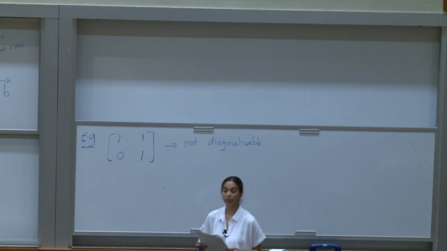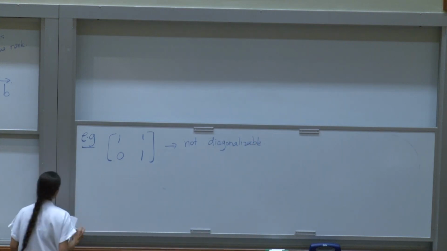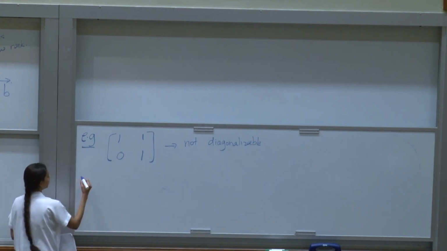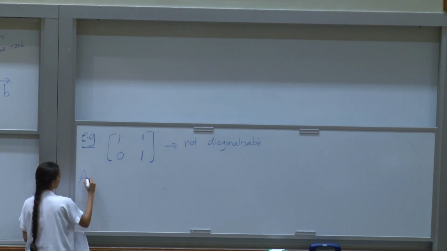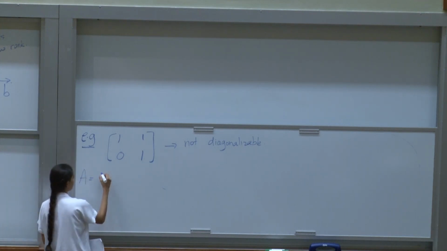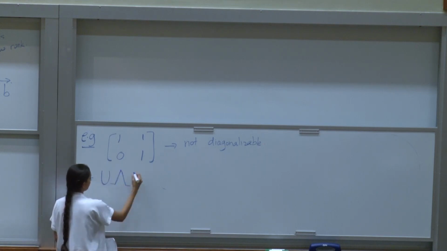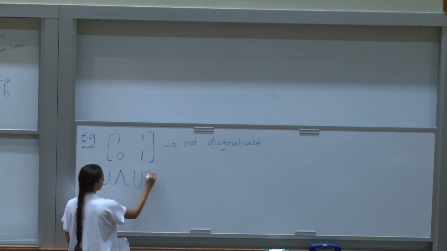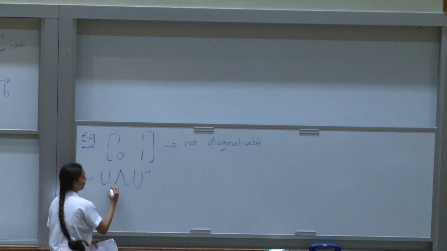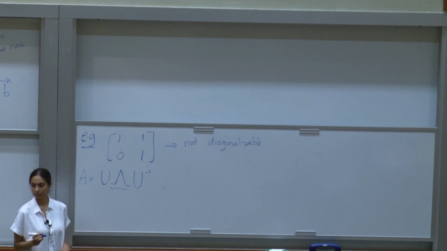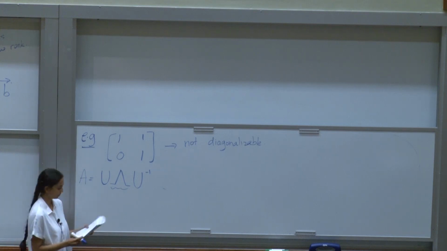And just a reminder, what do I mean by diagonalizable matrix? Just if people have forgotten, a matrix A is diagonalizable if I can write it as U lambda U inverse, where lambda is a diagonal matrix. Okay?